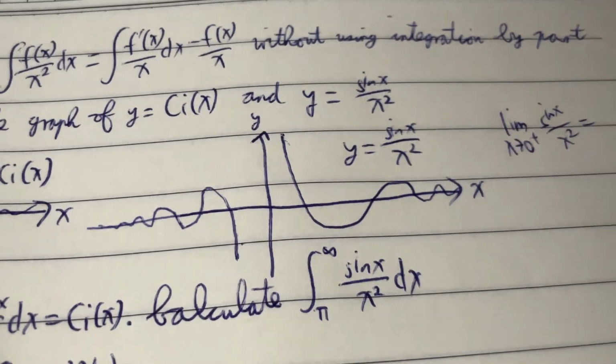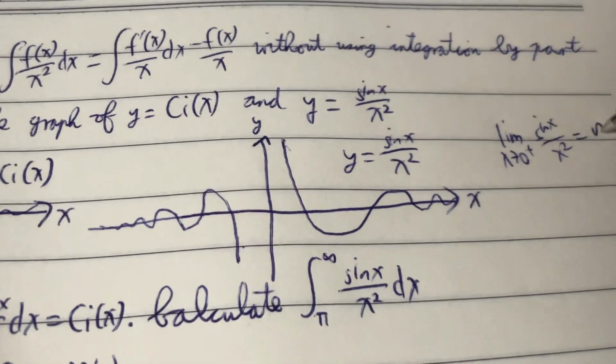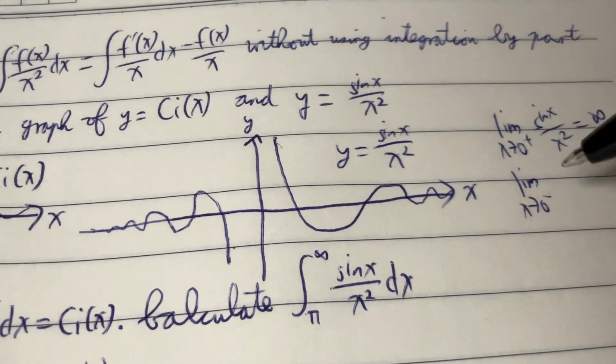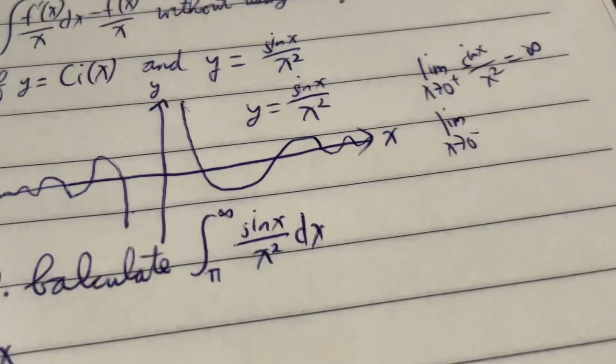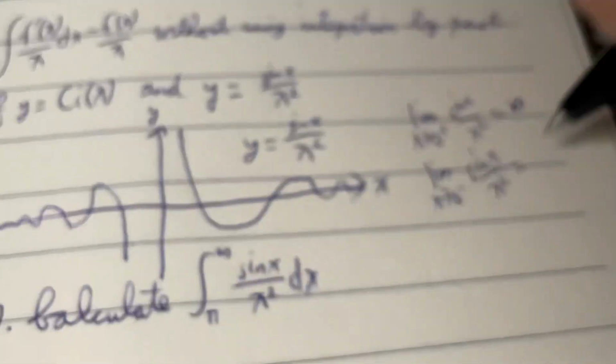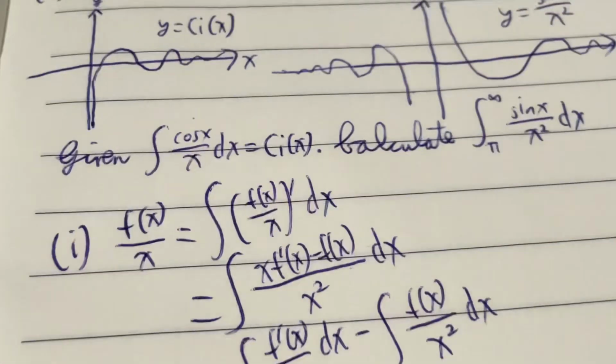Check the graph: it's approaching positive infinity. The limit as x approaches 0 minus of this is approaching negative infinity.